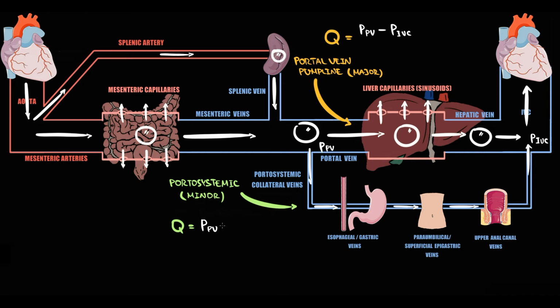But as we see, the destination is the same, but the roads are different. Each road has its own resistance, and as we know, resistance is inversely proportional to the fourth power of the radius. Resistance is the force that opposes flow, and the major factor that determines resistance is the radius of the vessel.